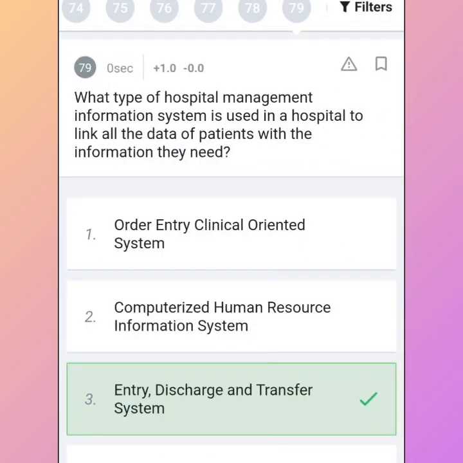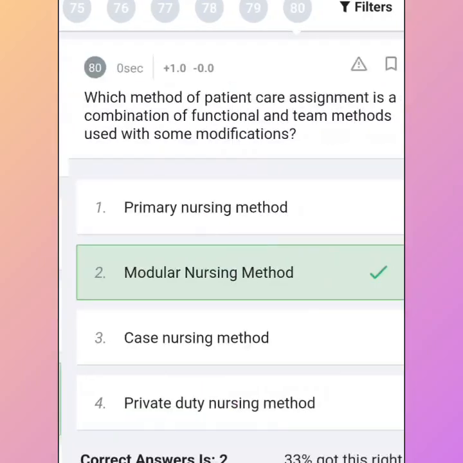What type of hospital management information system is used in a hospital to link all the data of a patient with the information they needed? Option third, entry, discharge and transfer system.